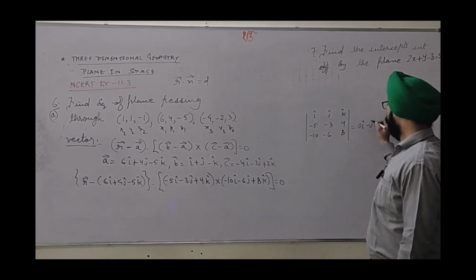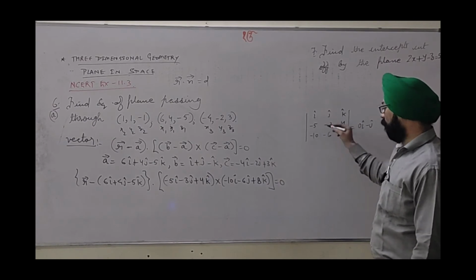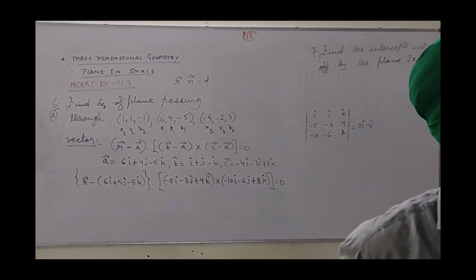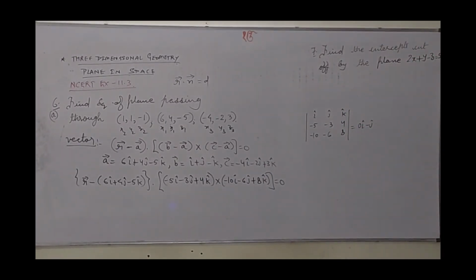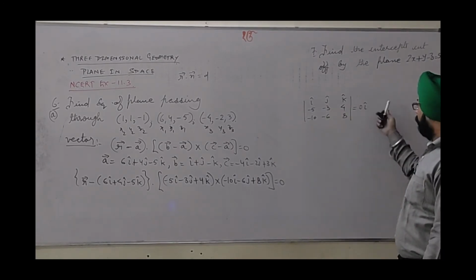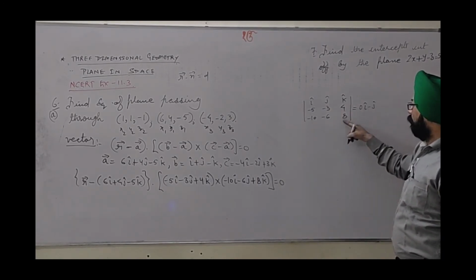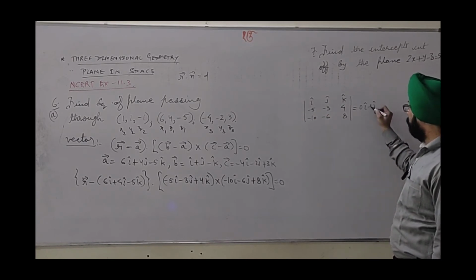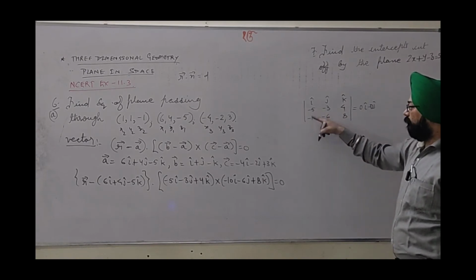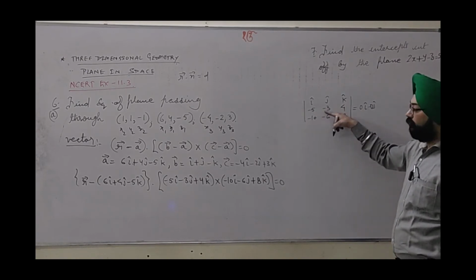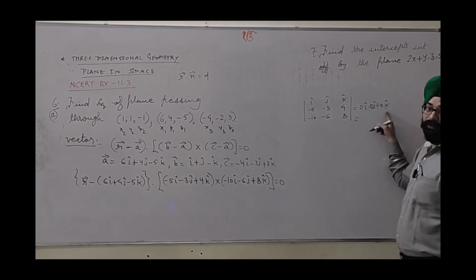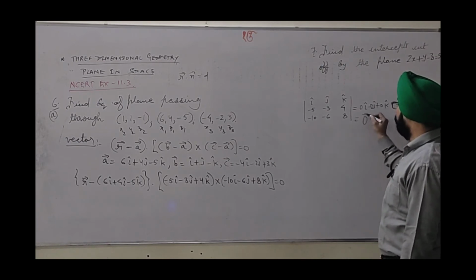For minus j, we get 8 fives are 40, minus 40 plus 40, means again 0j. For k, this is 6 fives are 30, minus 10 into minus 3 again 30, means 0k. So finally this vector is coming out to be a 0 vector.